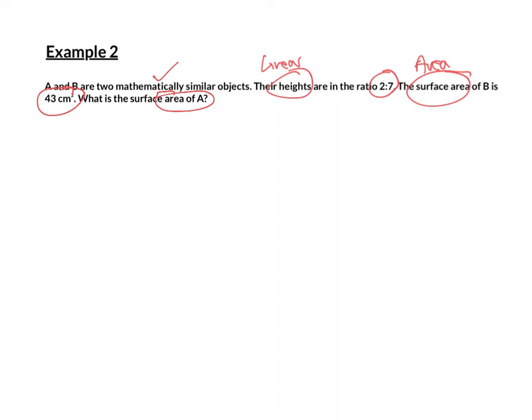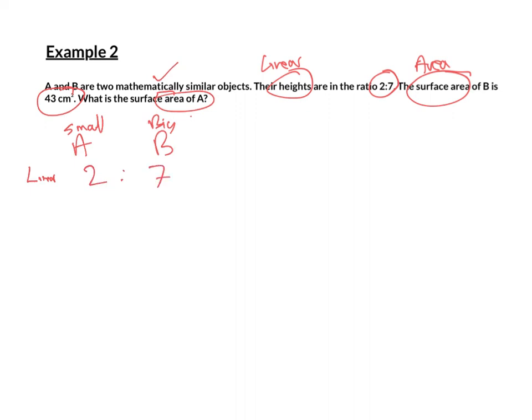We have two shapes, A and B. From the linear information, we can see that the ratio of 2 to 7 means that A is the small one and B is the big one. They've given us the linear information, which is 2 to 7.